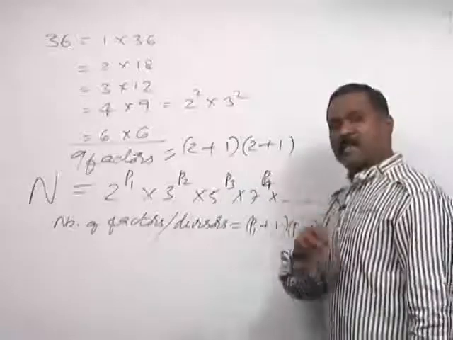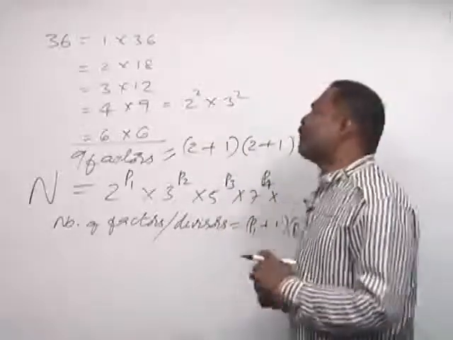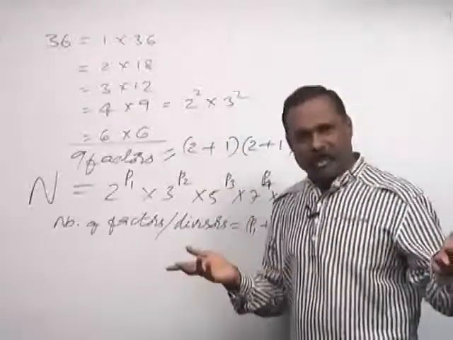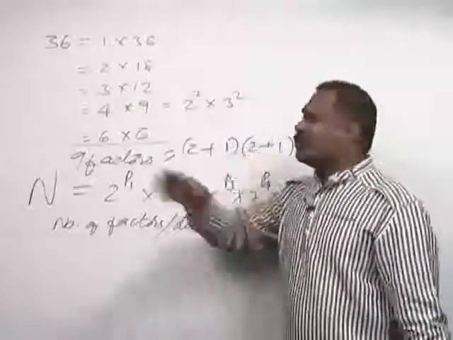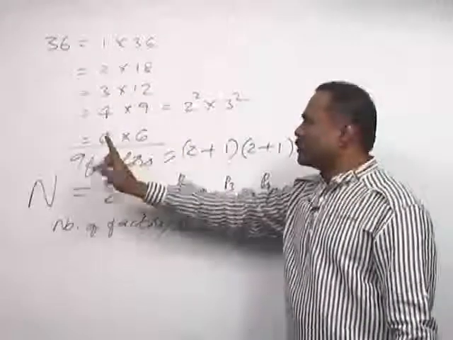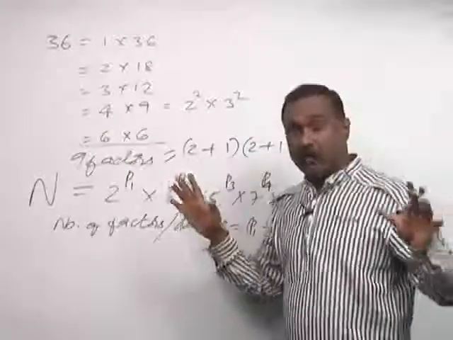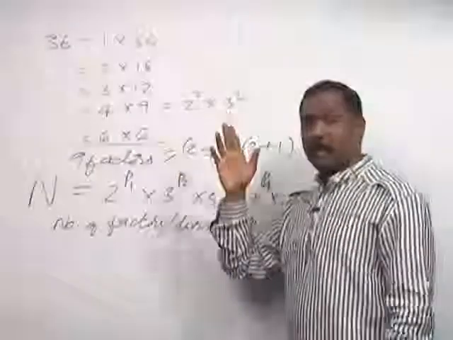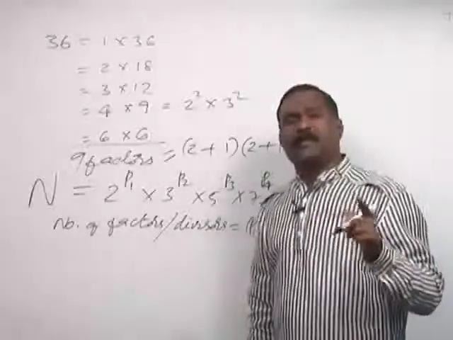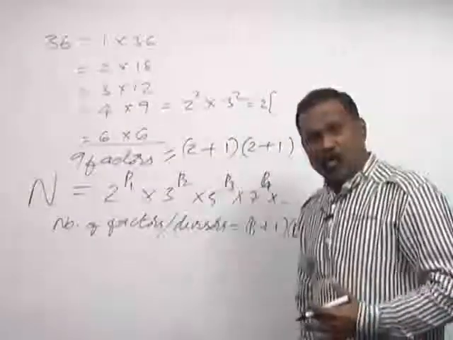Now, if you want even divisors of this one, let me say a simple example. If you want an even divisor, every even divisor is divisible by 2, you know that. So how many? Let us count it because it's a simple number. 1, 2, 3, 4, 5, 6. How many even divisors are there? 6 even divisors are there. Now I want to see that through a formula. So every even divisor should be divisible by 2. That is why what I'm doing here, I'm taking 2 common. That is, I'm taking 1 two out.